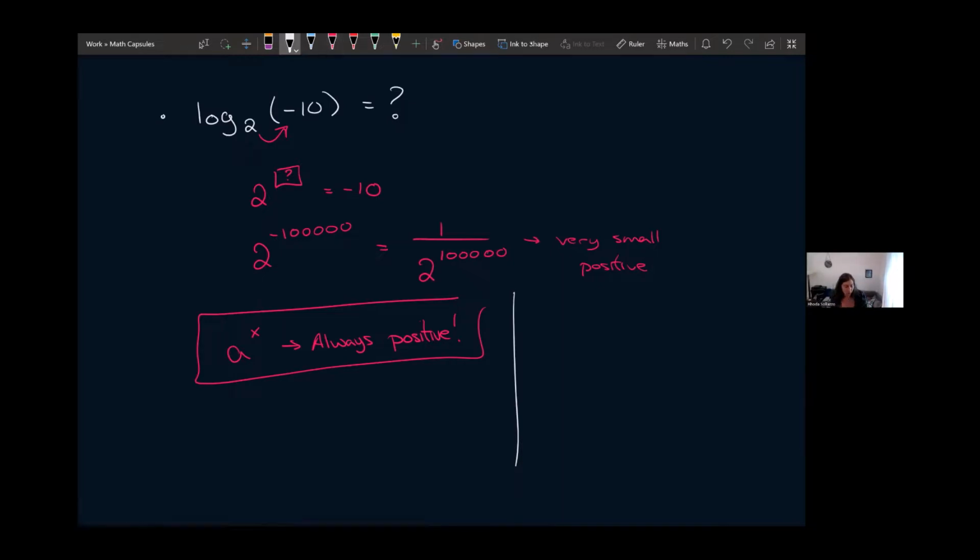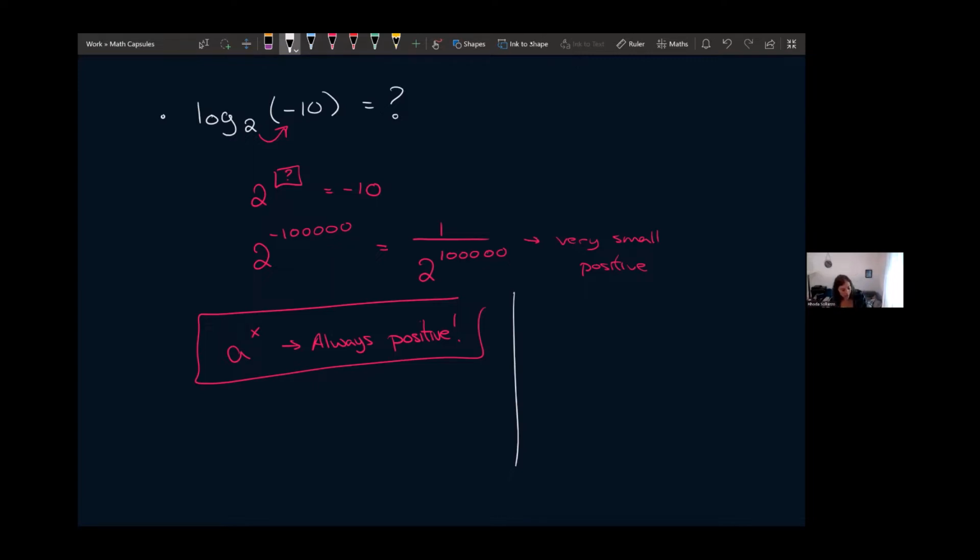Well, looking back at our original question, here we're trying to get a logarithm of a negative number. What's log base 2 of negative 10? That's asking, what exponent can I use to get negative 10 as an answer? My fact about exponents says there's no way to do it. There's no answer to that because exponents don't give negative numbers.